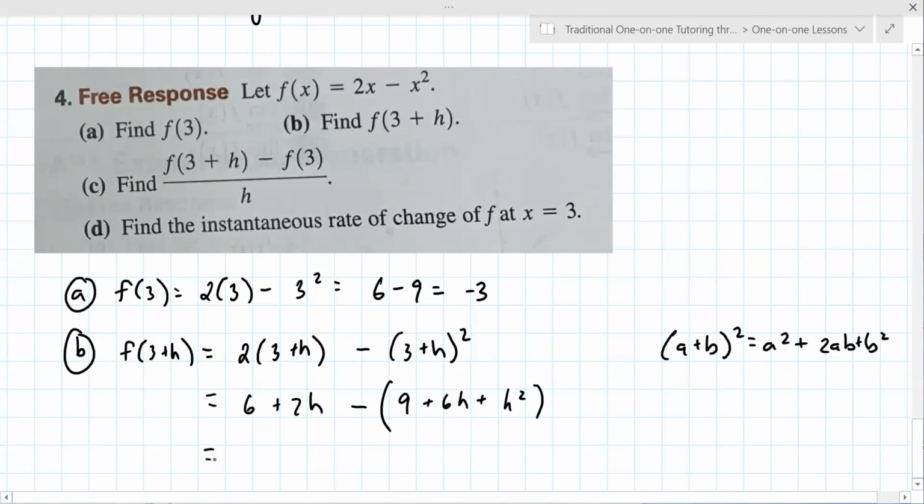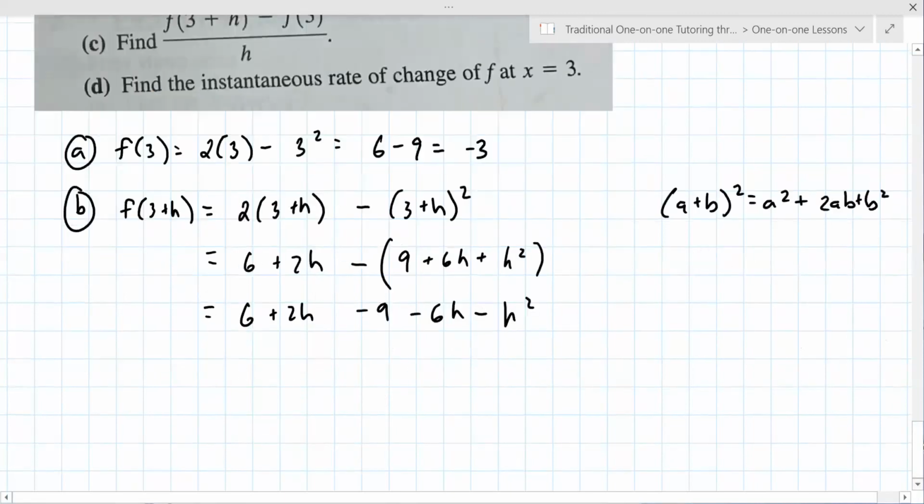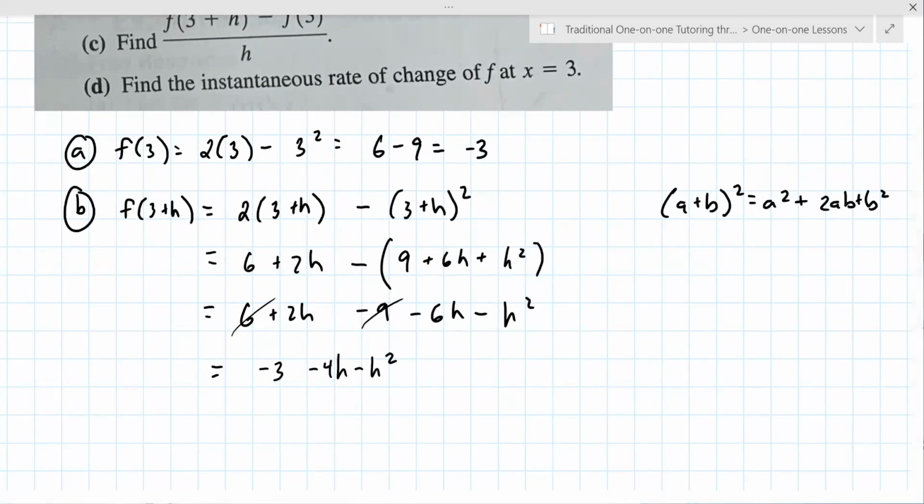And then now you can distribute in that negative, so you get 6 plus 2h minus 9 minus 6h minus h squared. And you might even want to combine like terms at this point. So you get minus 3, those are combined, minus 4h minus h squared. Okay. Let me know when you're caught up there to go to part C.